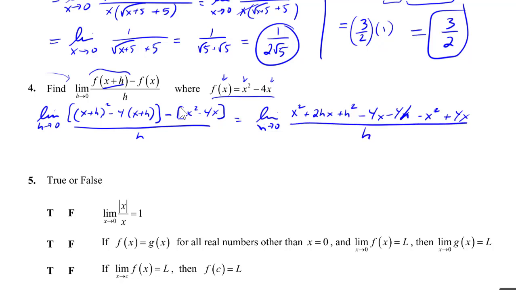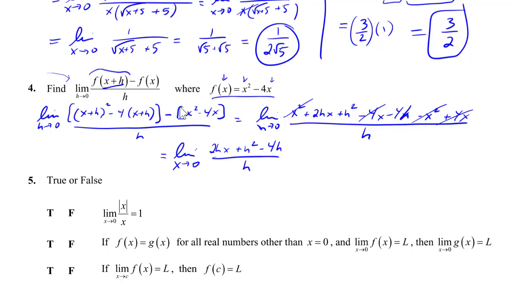Notice we're taking h to go to 0, not x here. The x squareds cancel, the 4x's cancel, and what I get is 2hx plus h squared minus 4h over h. Interesting. It doesn't seem like anything can cancel right now.